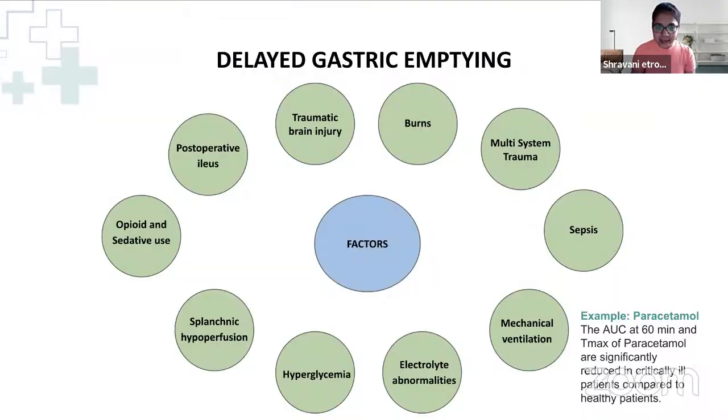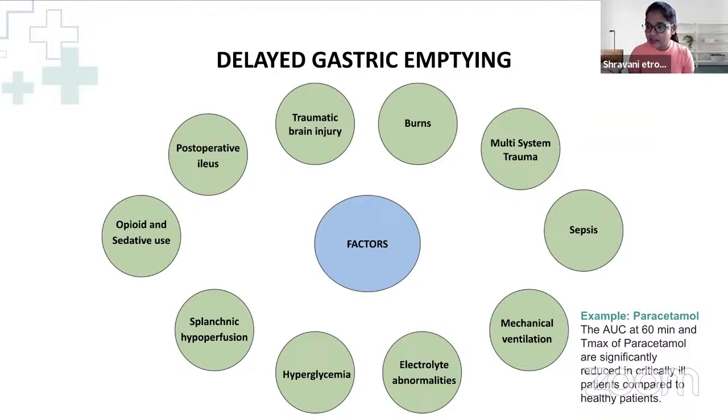And delayed gastric emptying. There are various factors that will cause delayed gastric emptying, starting from burns, multi-system trauma, sepsis, mechanical ventilation, electrolyte abnormalities, hyperglycemia, splanchnic hypoperfusion, opioid and sedative use, post-operative ileus, and traumatic brain injury. So there are vast factors that will cause delayed gastric emptying.